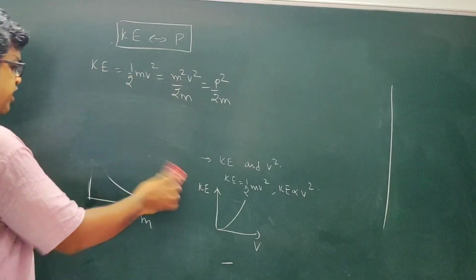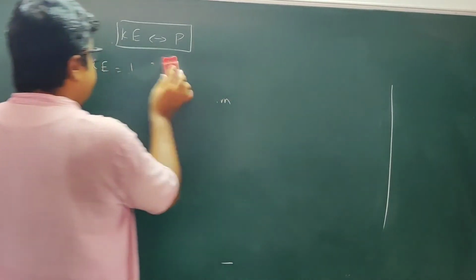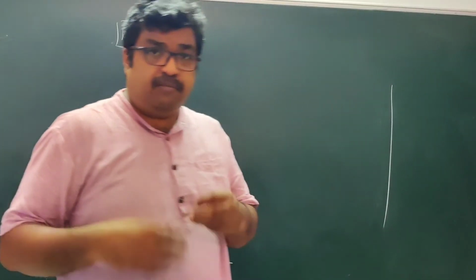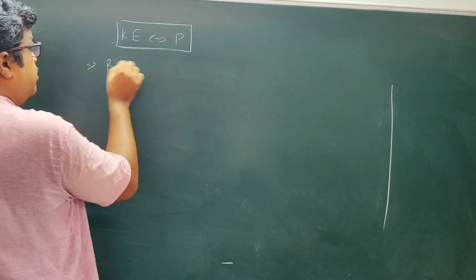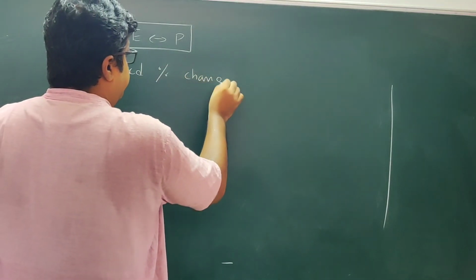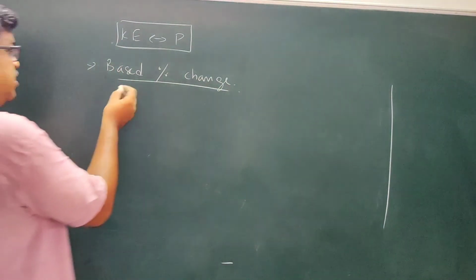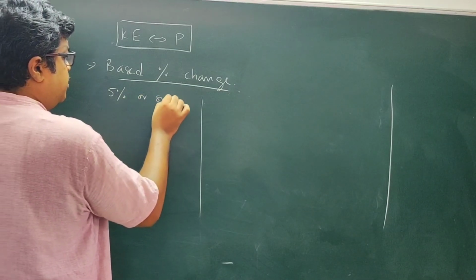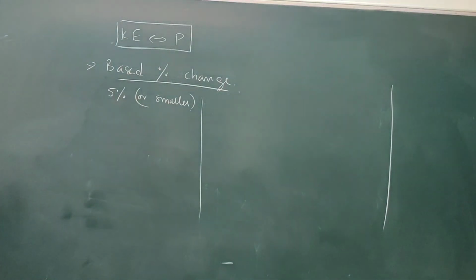Now another thing which is quite commonly asked is: if there is a percentage increase in kinetic energy, what is the percentage change in momentum, or vice versa. Suppose the percentage change is 5% or less than that.